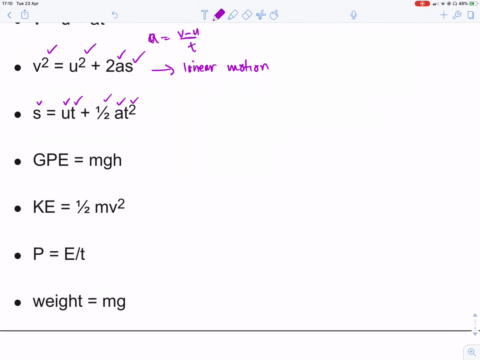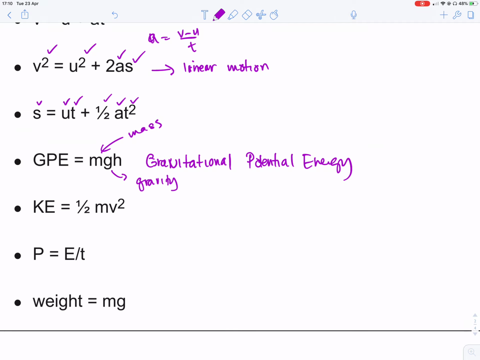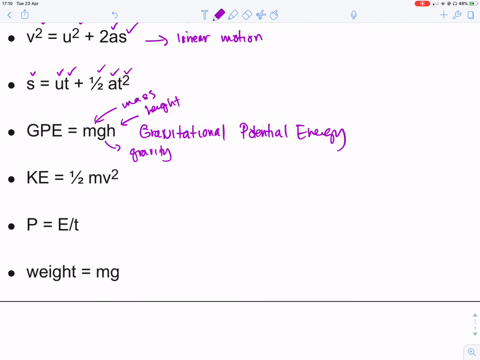Then GPE, which is gravitational potential energy, is mgh, where m is the mass, g is gravity or acceleration due to gravity, and h is the height that has been scaled by the object whose potential energy we are calculating.